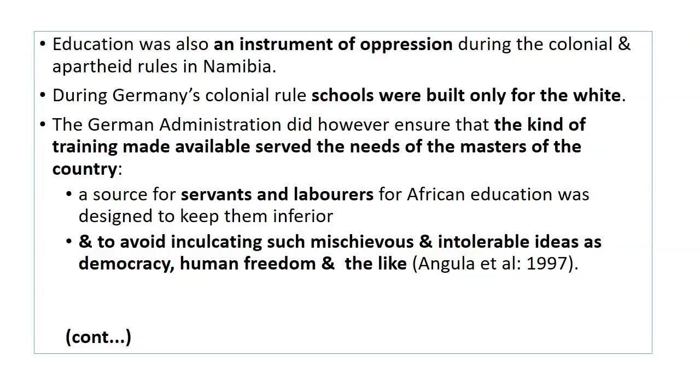During Germany's colonial rule, schools were only built for white people. Later, the German administration did, however, ensure that there was a kind of training available, but only so that it could serve their means. Because they needed a source of servants and laborers, African education was still designed to keep them inferior, and it was also designed to avoid inculcating ideas like democracy, human freedom, and the like.